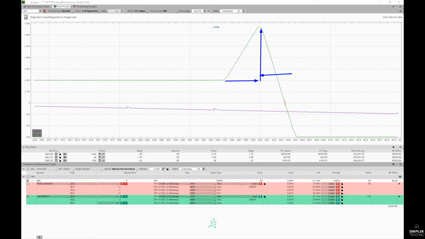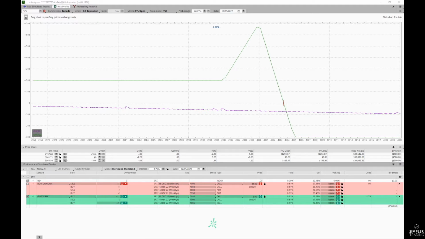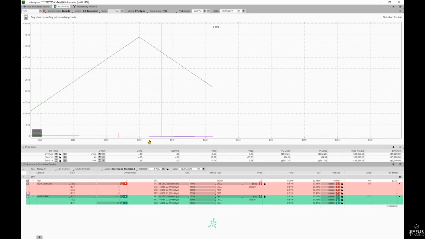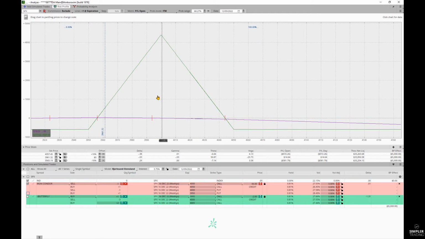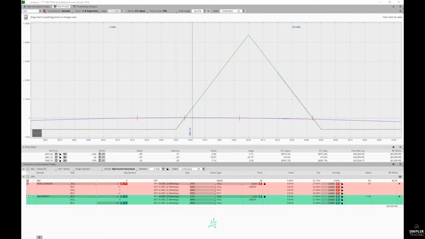But then part of what I like so much about these strategies is that risk in only one direction. Where we compared the iron fly, you'll notice that where the elbows are on each side is below your zero line. I told you there's two things I want you to look for in the risk profile. One are the elbows, and then two are your zero line.